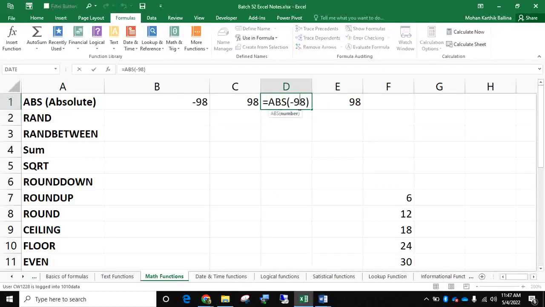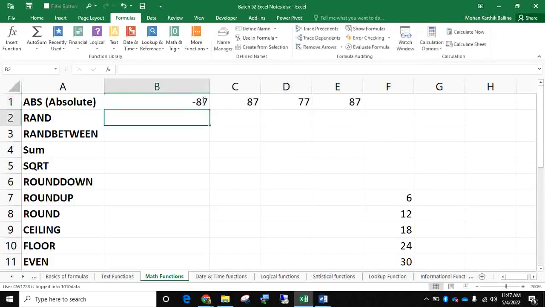For example, if you want to make a change, then you should edit the formula and delete this, and write again. But when you give the reference, there is no need to make any changes to the formula. Just change the value here. It's a kind of dynamic thing. That is the difference between giving the value directly and giving the reference.